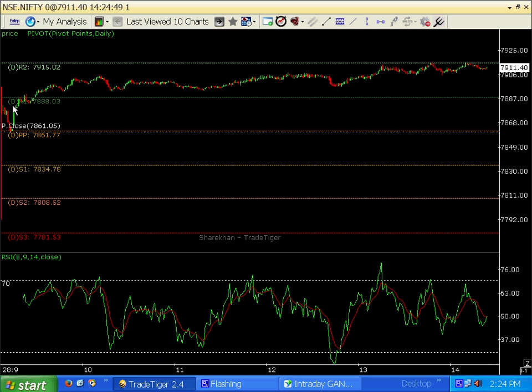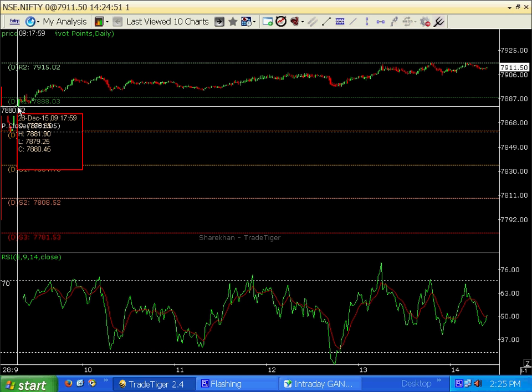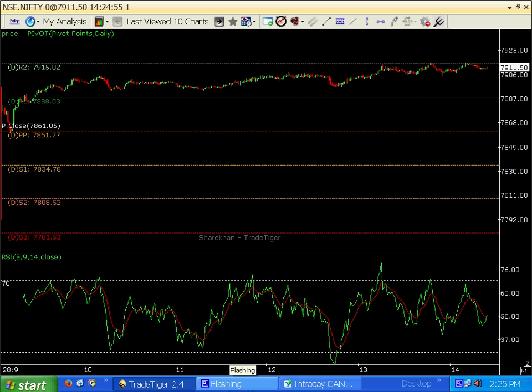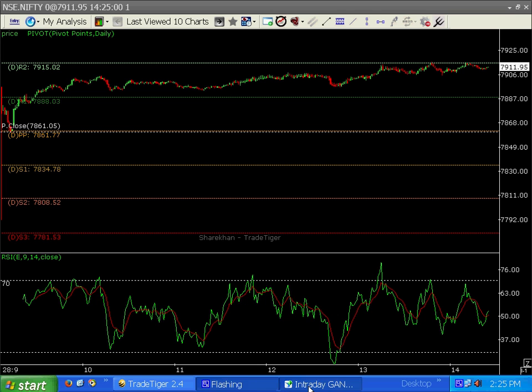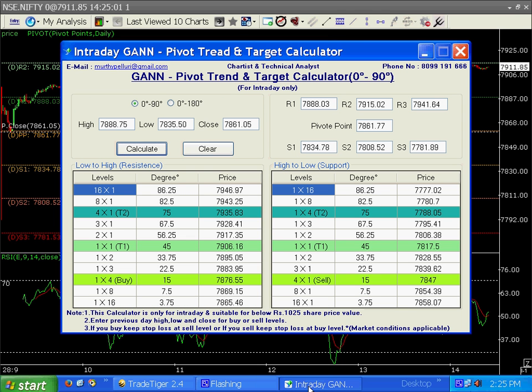Here we can buy at 7880, but our buy level is 7876. So immediately we will go for buying Nifty future, one lot or two lots according to our interest.